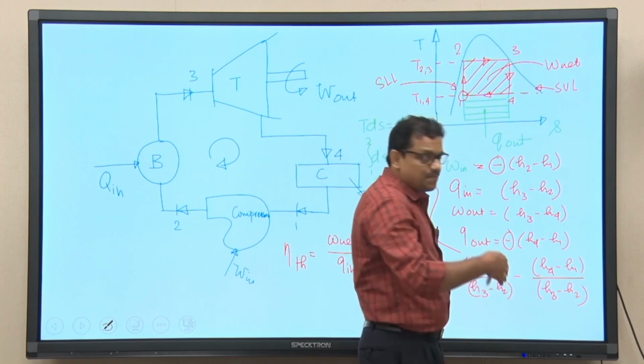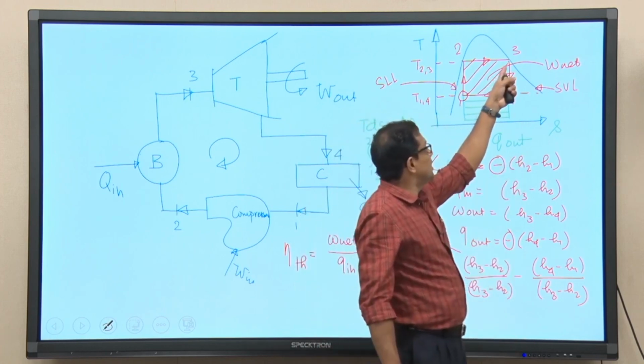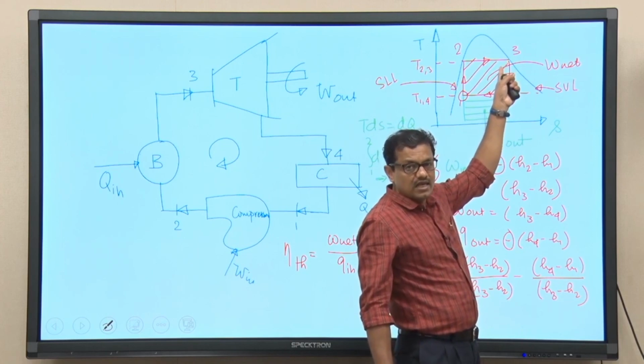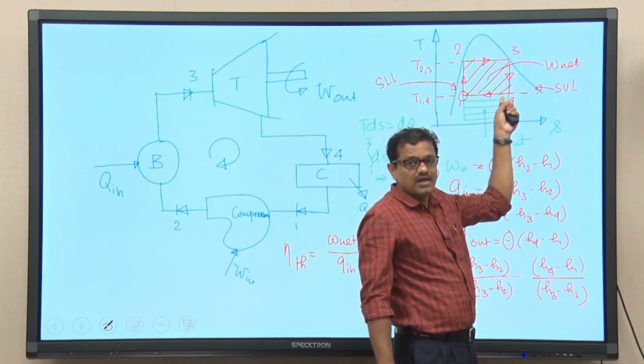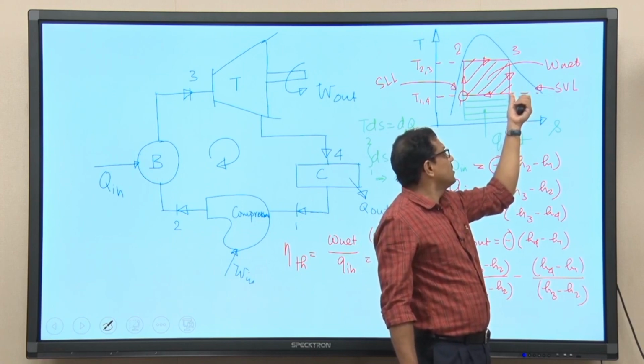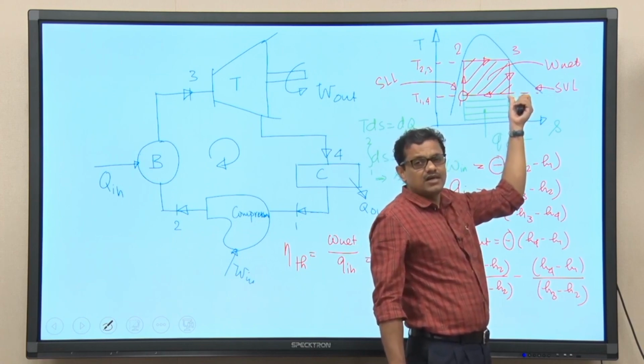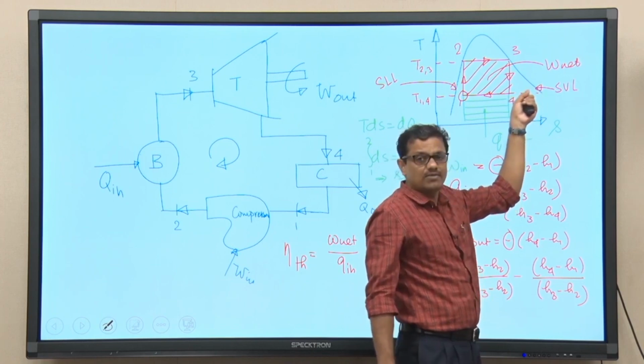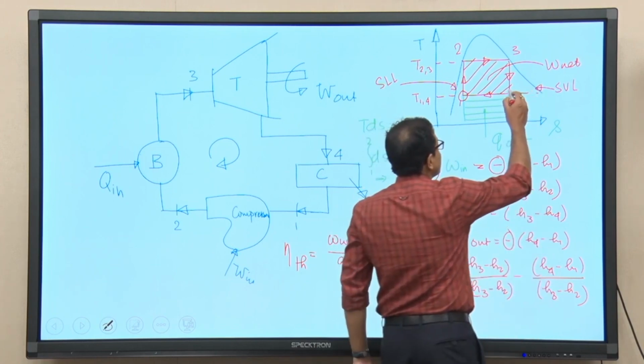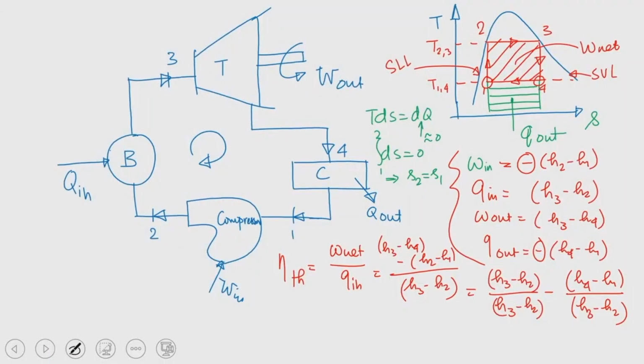Now, if we start the expansion process from point 3 and the expansion process terminates at point 4, basically the quality of the stream at the exit of the turbine is far away from the saturated vapor line. Had state point 4 been closer to the saturated vapor line, then the quality of the stream leaving the turbine could be closer to 1.